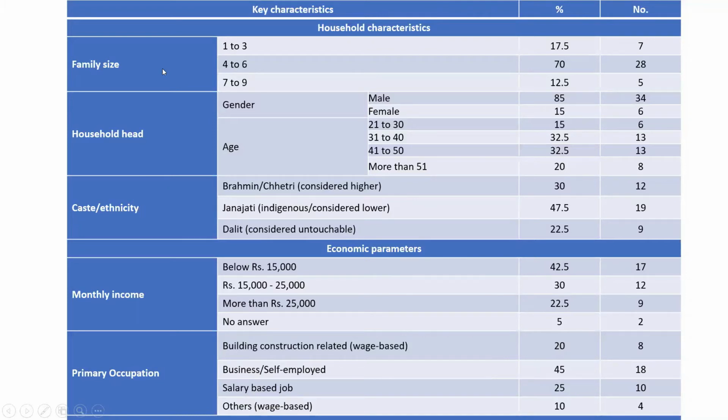Most household sizes are 4 to 6 people, and most of the household heads are male, of age between 31 to 50, and most of them have a monthly income of less than 1500 rupees, which is less than 200 Australian dollars.